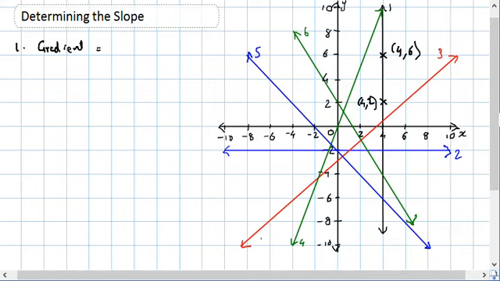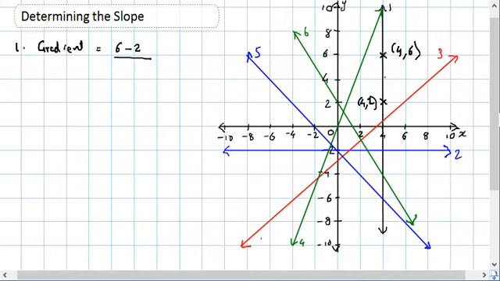So if this is our first point and this is our second point, then the gradient is 6 minus 2, or I could have also taken 2 minus 6. It doesn't matter which point you take as the first or which point you take as the second, it will ultimately come out to be the same thing.